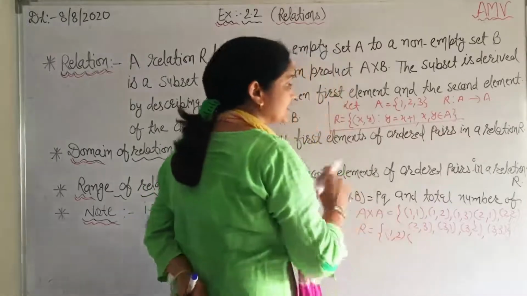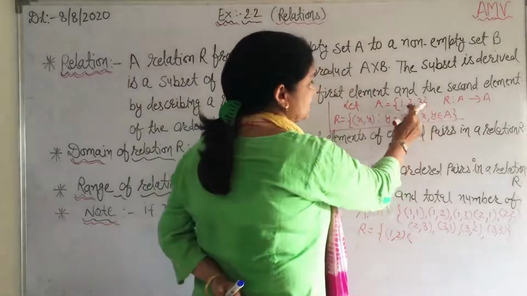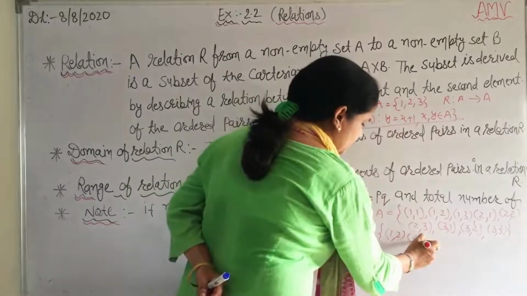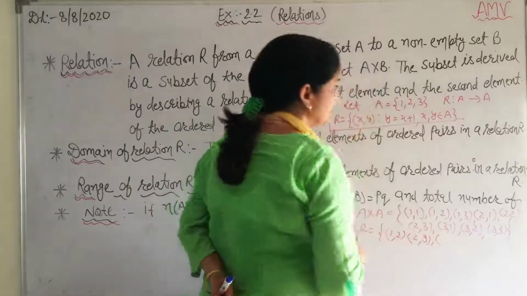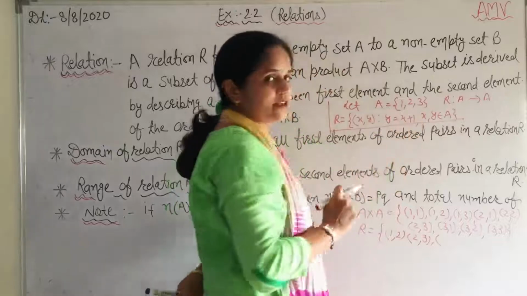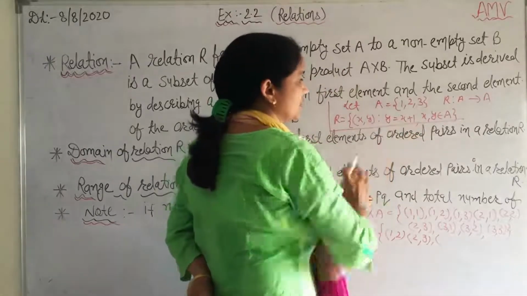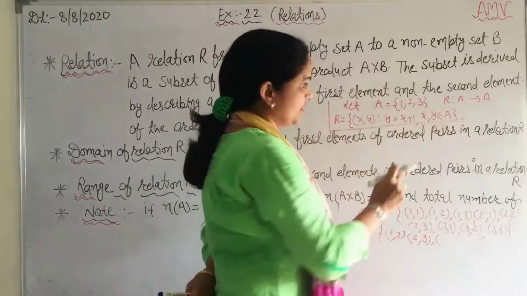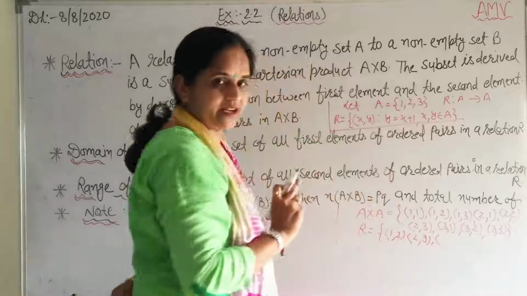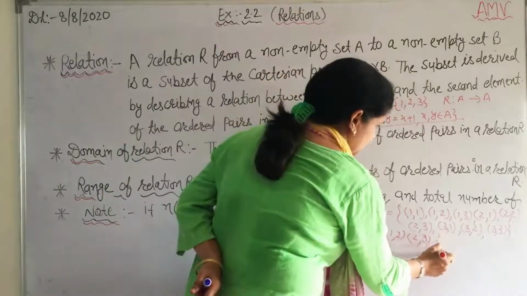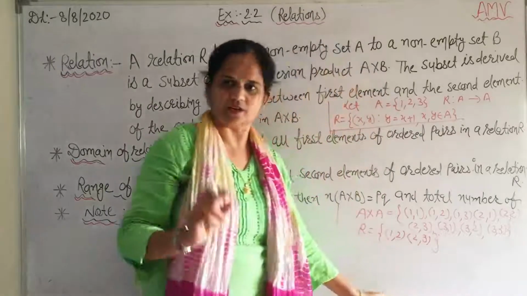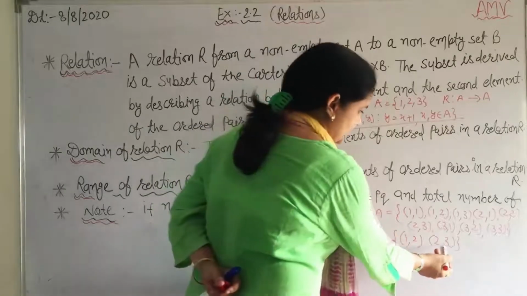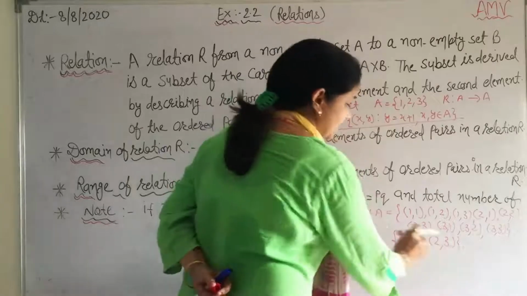Next, if we take x is 2, then y will be 2 plus 1, 3. So 2 is related to 3. Next, if we take x is equal to 3, 3 plus 1 becomes 4, but 4 doesn't belong to set A. So 3 is not related to any element here. Here element 1 is related to 2 and 2 is related to 3. It is the relation.